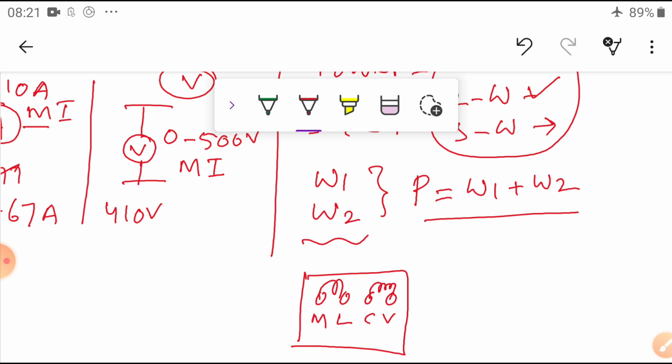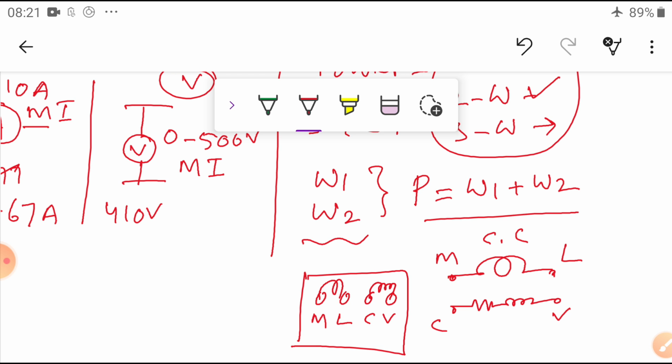So this is the CV. The CC coil, the current coil, has the terminals M and L. And for the CV, some resistance and inductance values are connected. C means common, and V is the other line voltage. So these are the connections.